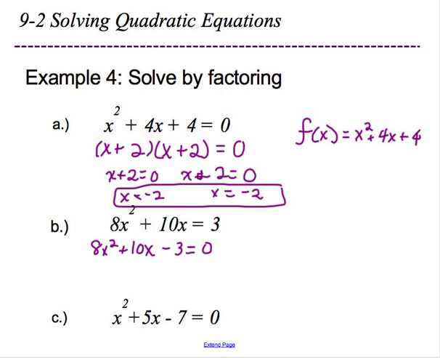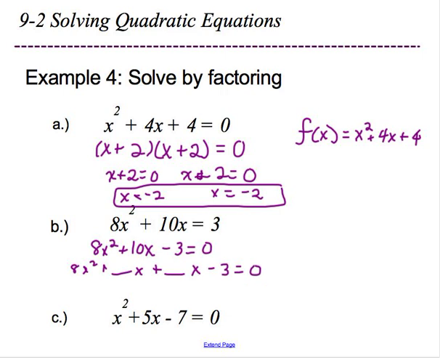Now factor. So this is a trinomial. The coefficient is 8. So we have 8x squared plus blank x plus blank x minus 3 equals 0.